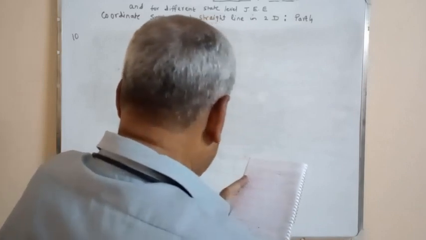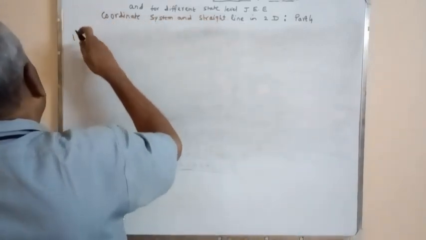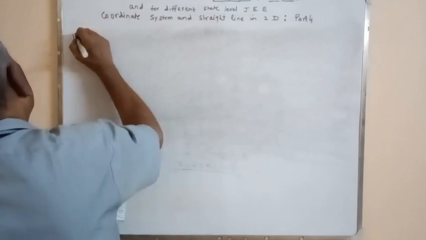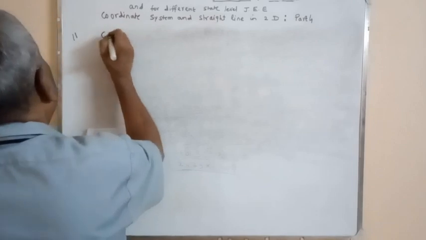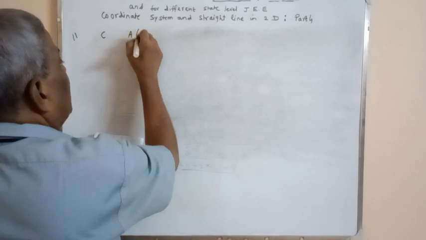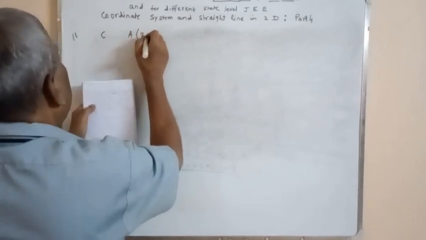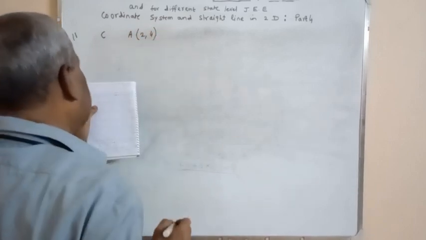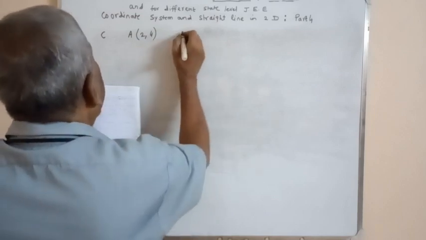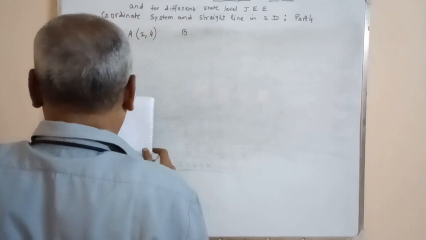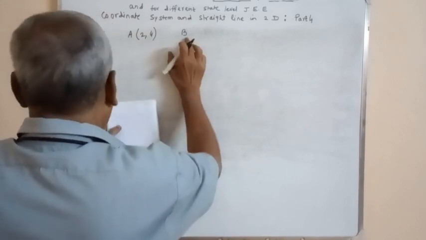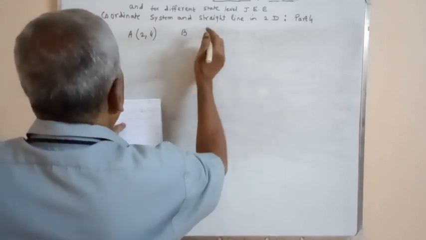Problem number 11 now. If C is the reflection of A, coordinate is given as (2, 4), on x-axis, and B is the reflection of C on y-axis.